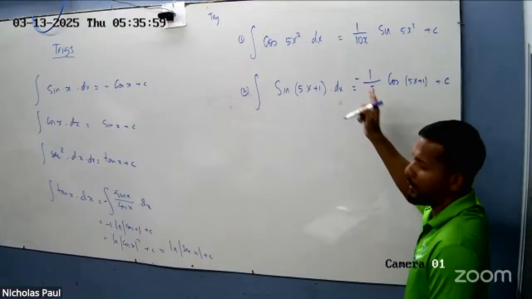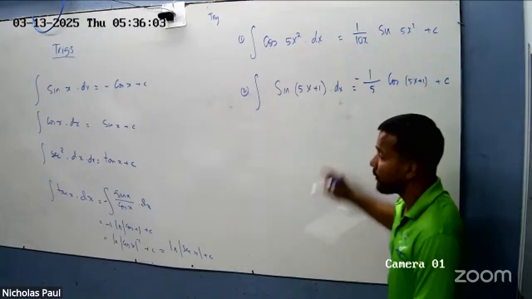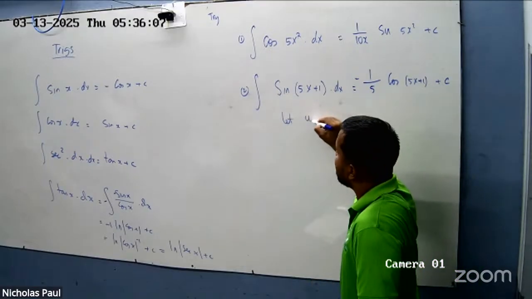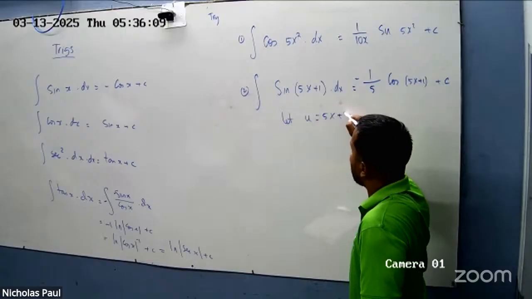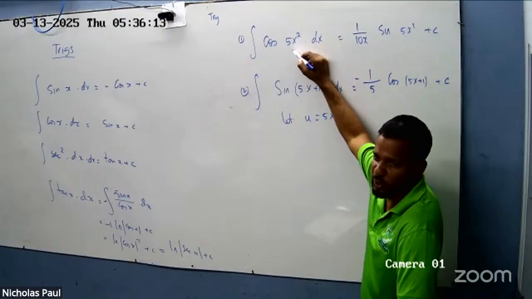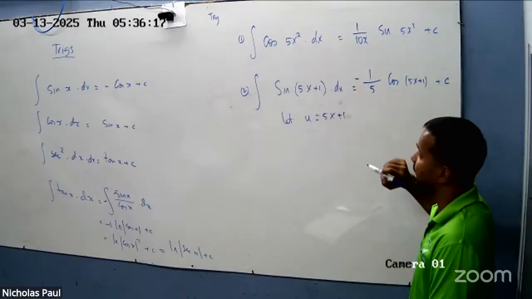Ideally, no, that's why I skipped that example. I want to show you a different way to do it. Ideally, I should use a trig identity to simplify it.